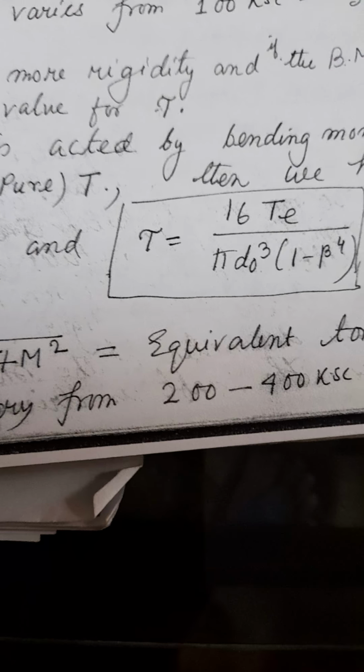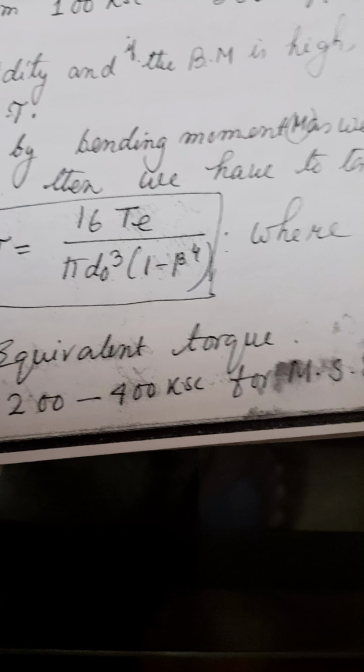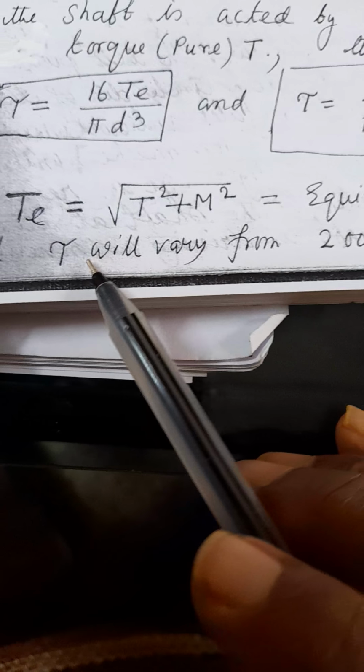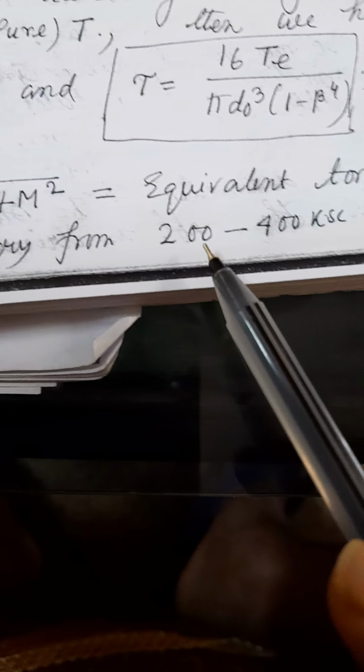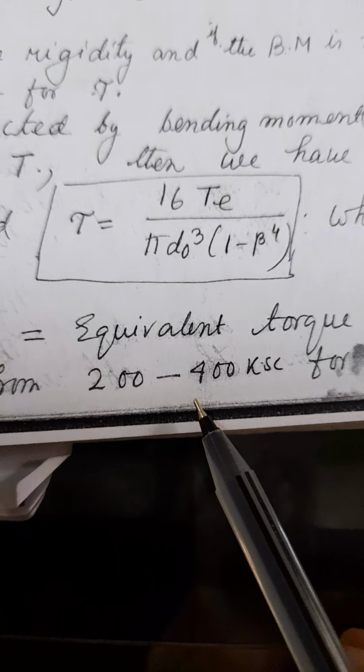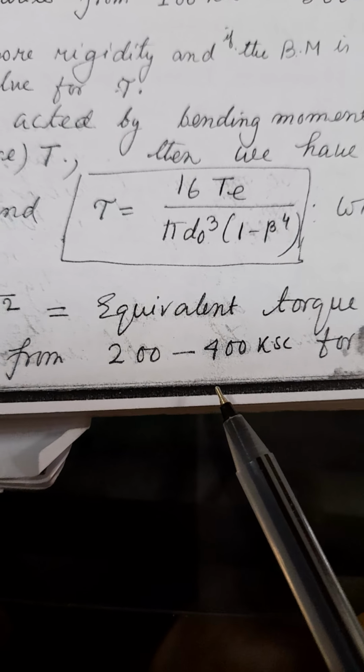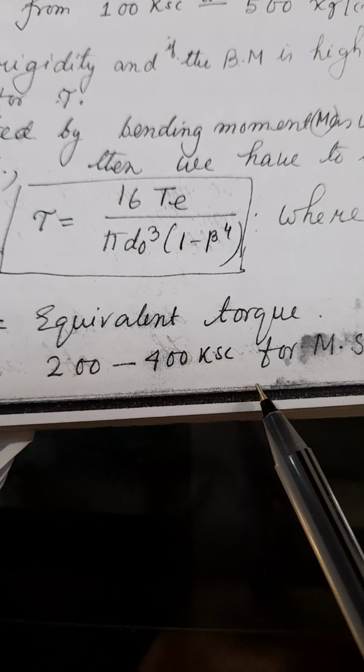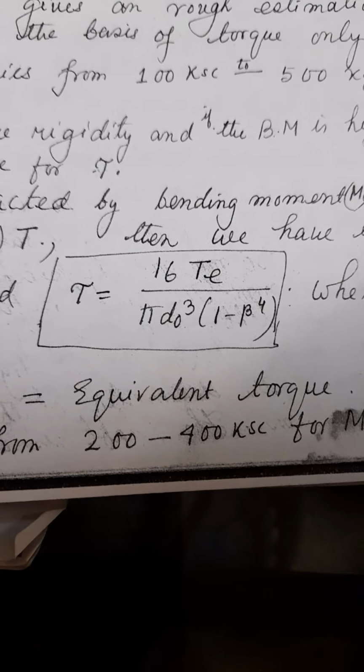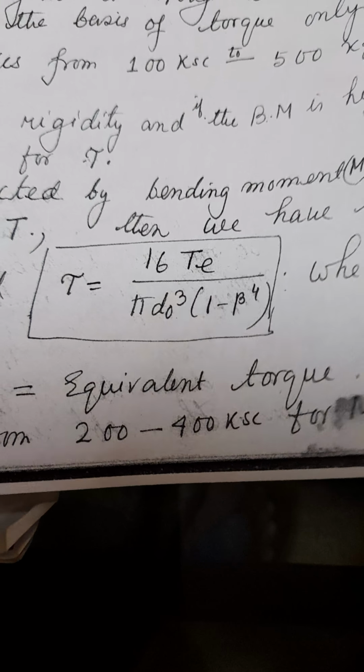Now tau will vary from 200 kg per centimeter square to 400 kg per centimeter square for mild steel shaft. You got it.